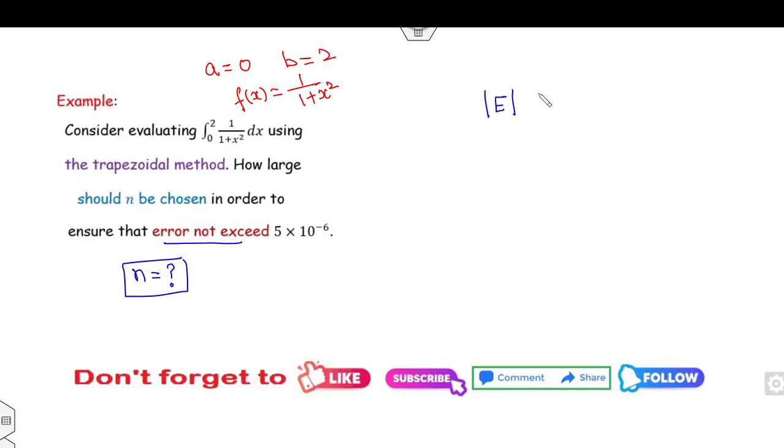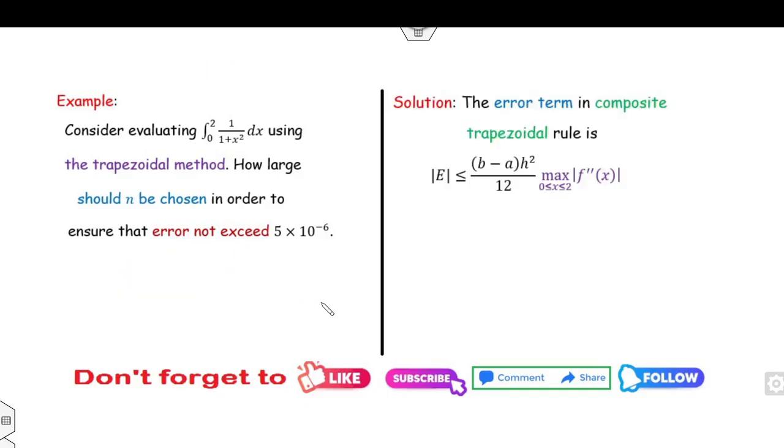This error should not exceed 5 into 10 raised to power minus 6. Fine. So definitely once we are choosing the value of the n, that means we are talking about the composite trapezoidal rule, because n may be greater than 1. So I can start with this part, and it is given that this number is my 5 into 10 raised to power minus 6. Fine.